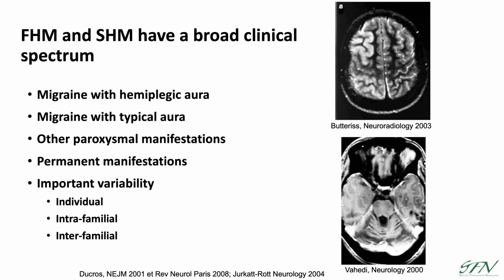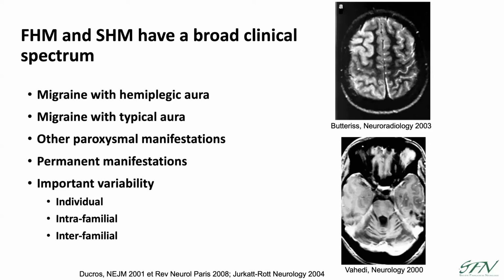Among families and among patients, there is a very important variability, an individual variability depending on age. Sometimes during childhood, the patients have a lot of attacks, and after they get better, and sometimes attacks can recur after 50 years of age or so.